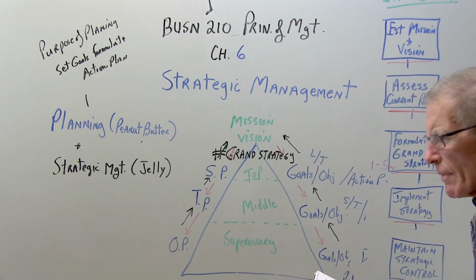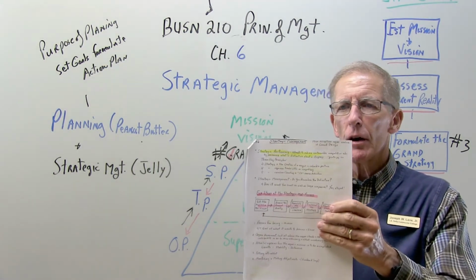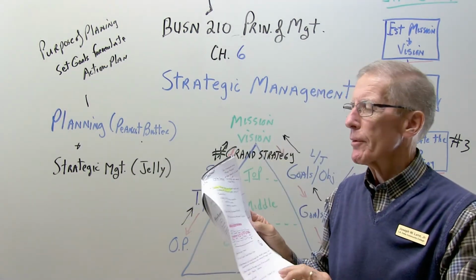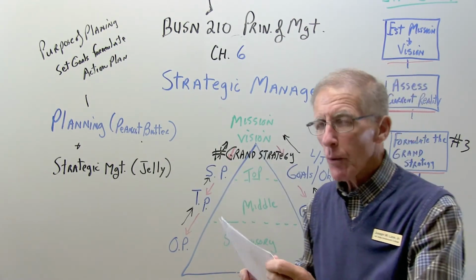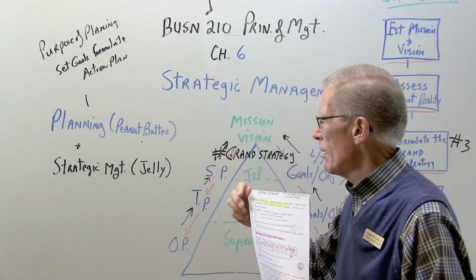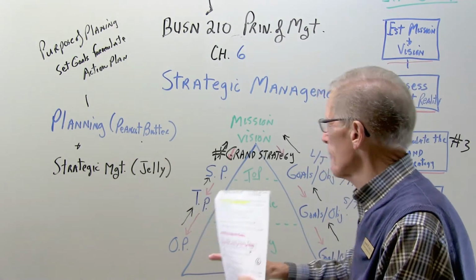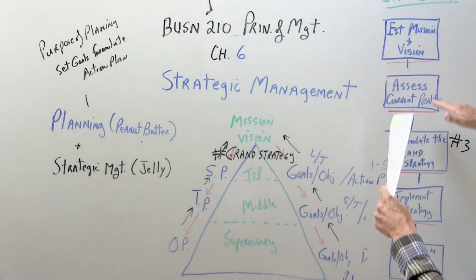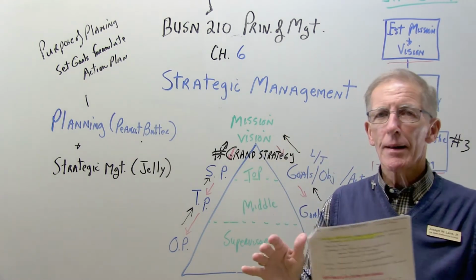Now, sometimes when we're in the classroom, this is my sheet on chapter 6, front and back. And what I tell students is this: okay, we're through with strategic management. We've laid it out. Here's the steps in strategic management. And we kind of understand how it fits into planning.